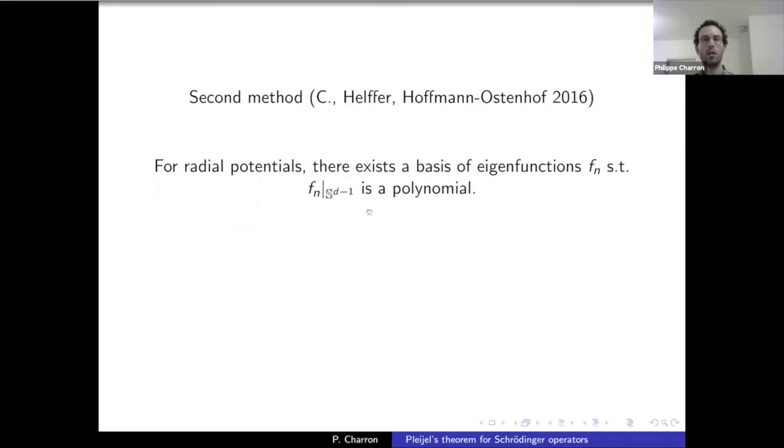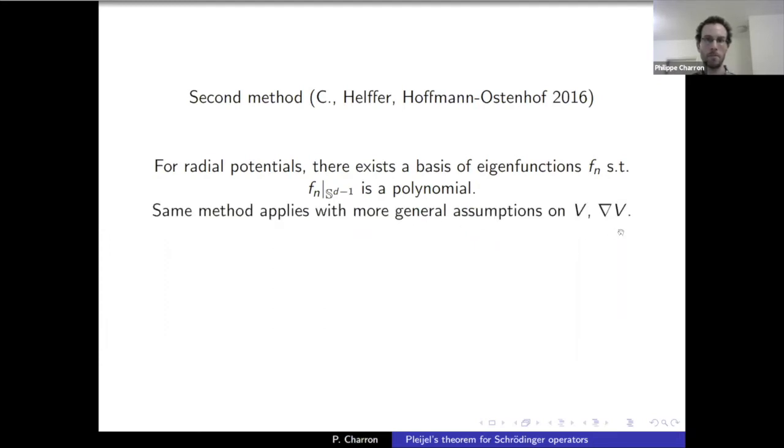But for any radial potential, there exists a basis of eigenfunctions such that over a sphere, it's a polynomial. So the restriction of Fn to a sphere. Whatever the radial part is, you don't really care, because all you're going to count is the number of nodal domains that can cross some sphere, so basically the number of nodal domains of the restriction of Fn on a sphere.